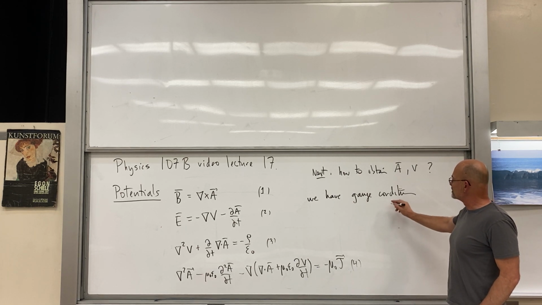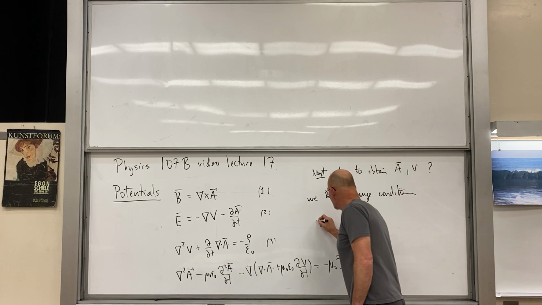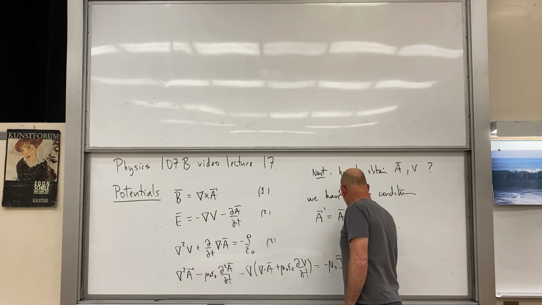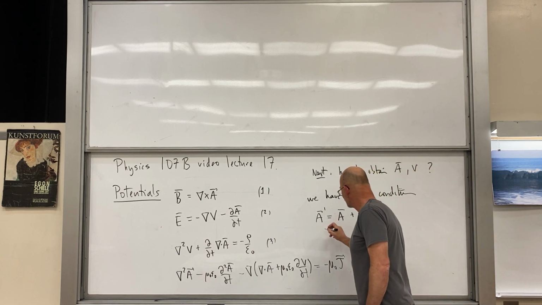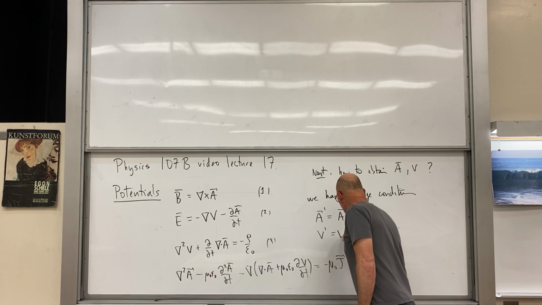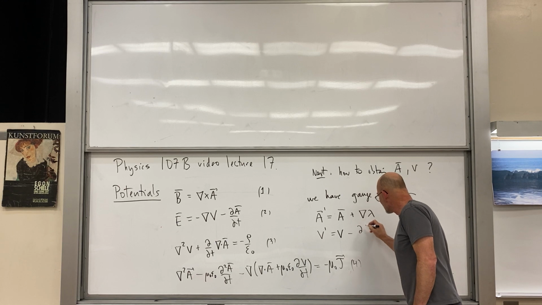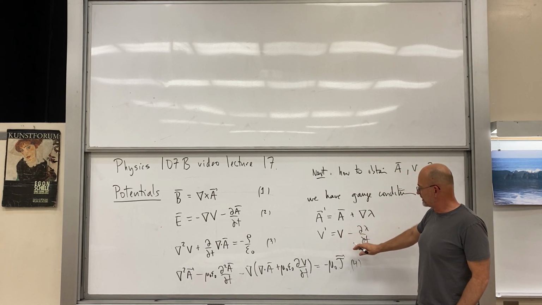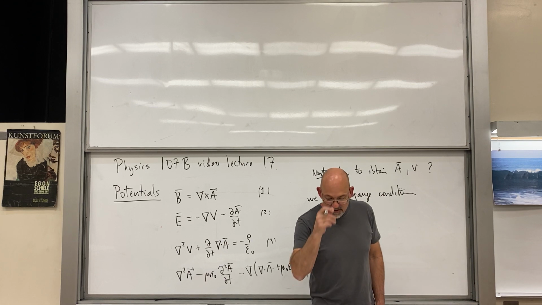The gauge conditions are that if we replace A by A prime equals A plus the gradient of a scalar, and if we replace V by V minus the time derivative of that same scalar, the fields will remain unchanged. So that's the gauge freedom.